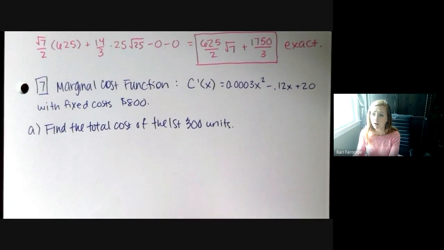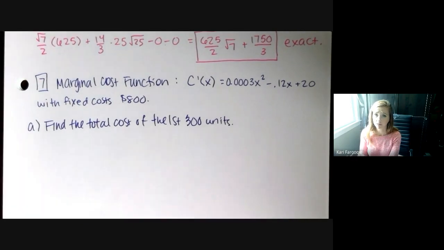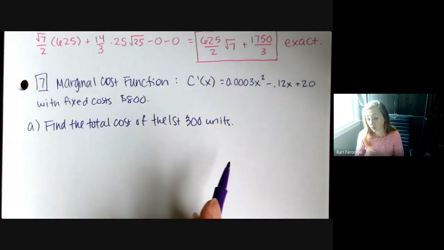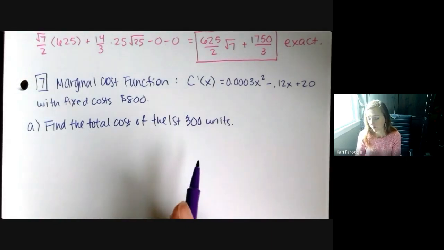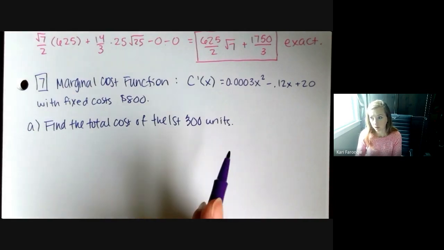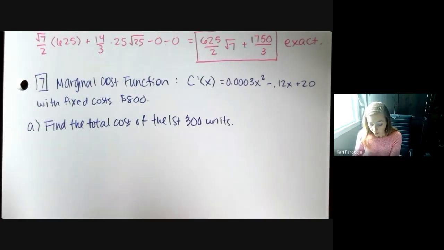Now, for the marginal cost, it's just the cost to make that 301st unit. In this case, I just want the total cost of the first 300 units. So I just want C of 300. So that's my goal. My goal is to find C of 300.